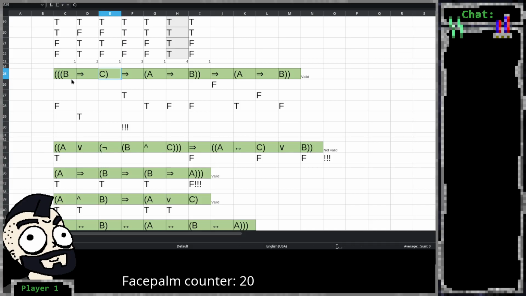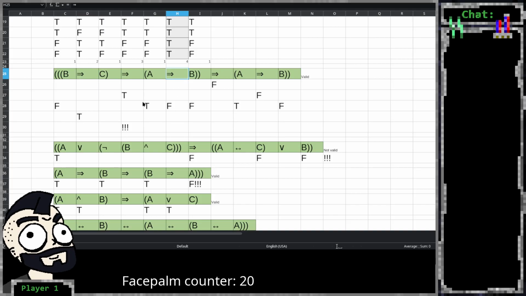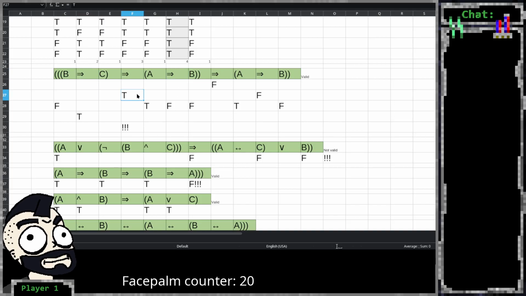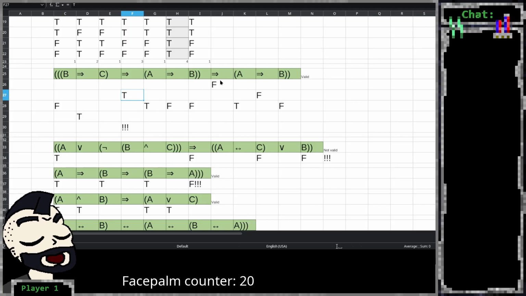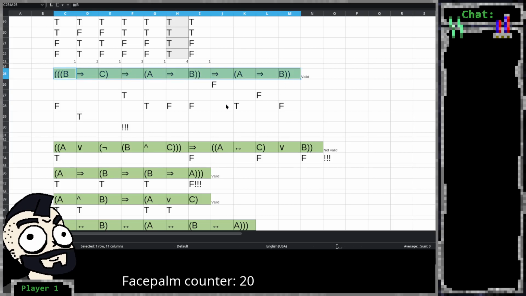But since B has to be false, this conditional has to be true, which means I cannot make this conditional false, because then I would have this true and false at the same time. That is a contradiction. Therefore, it is impossible to make this formula false. Therefore, it has to be valid.